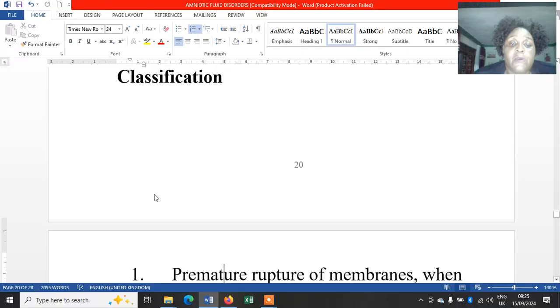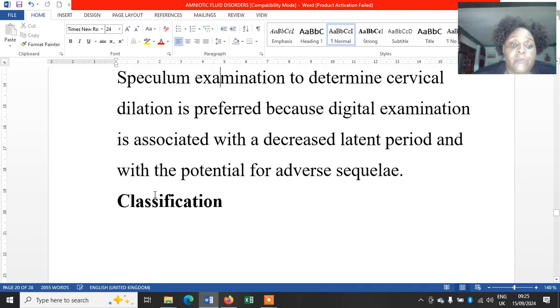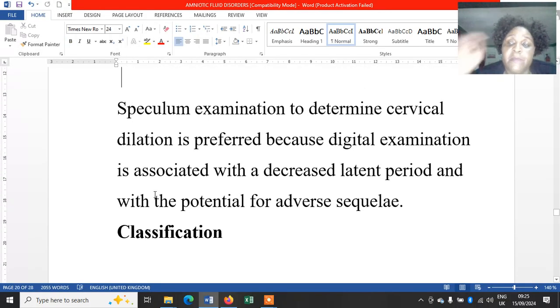So what do we do? When the mother reports premature rupture of membranes before 37 weeks of gestation, we should, as much as possible, desist from making a vaginal examination. A speculum examination is preferred, and here we shall look at the cervix and see whether it is dilated.